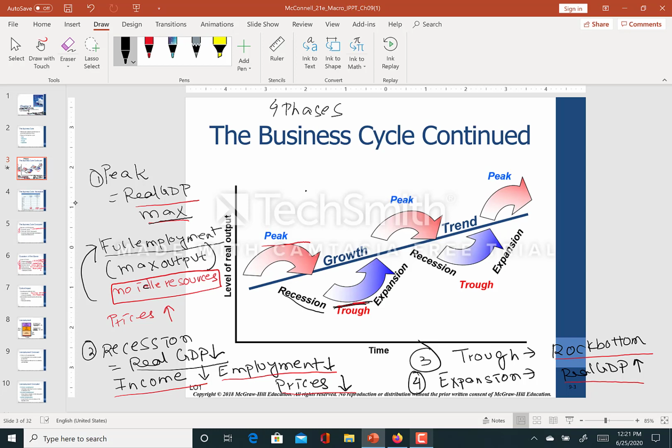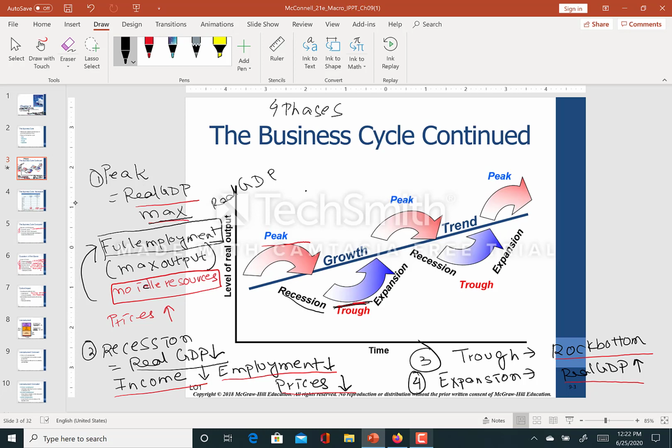And when the real GDP is at its max, we say we have full employment real gross domestic product, and we are using all our resources, for example, land, labor, and capital.